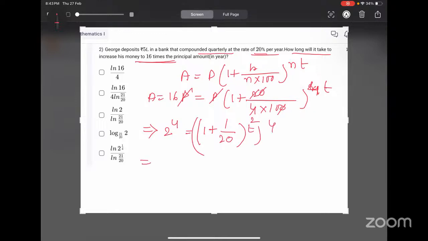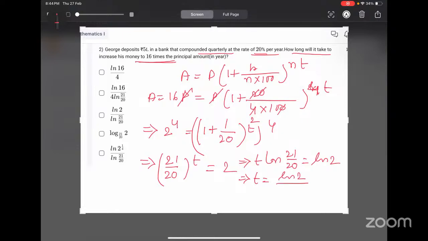Then 21 by 20 whole power t equals 2, right? Then we can take log both sides. So we will get t ln 21 by 20 equals ln 2, right? Then t will be equal to ln 2 by ln 21 by 20. That means this option is a correct option.